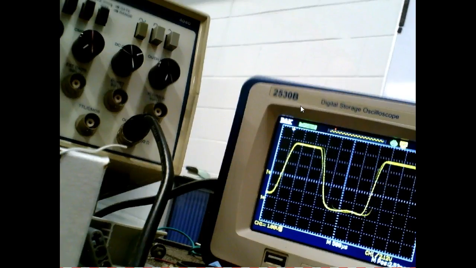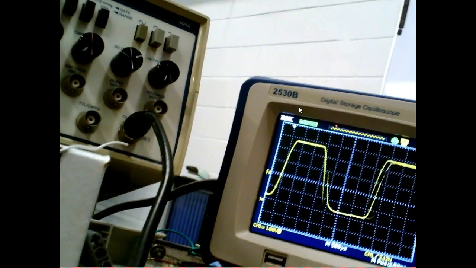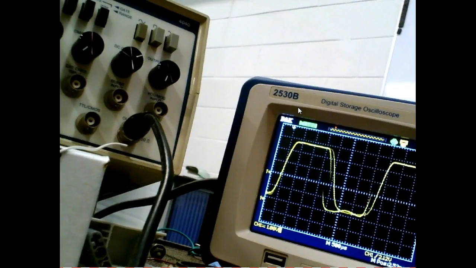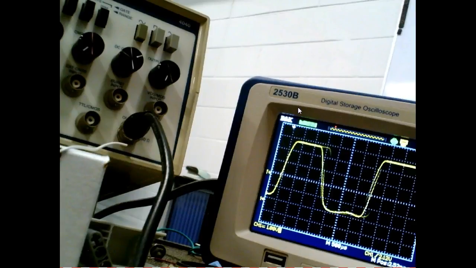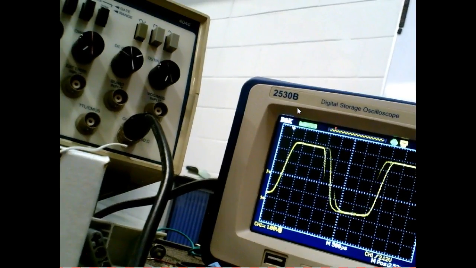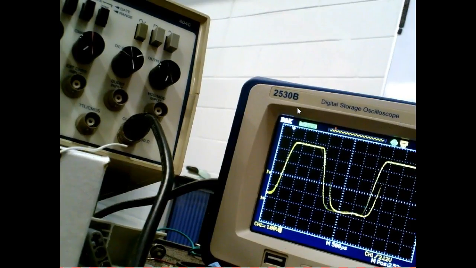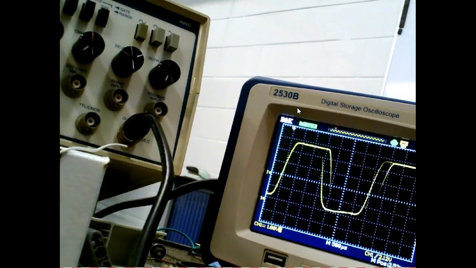But remember, RPM is revolutions per minute. This is 3.75 what? Milliseconds. So what we have to do is we need to be able, from this encoder, to go from time, from milliseconds all the way up to minutes, right? You understand? Okay.